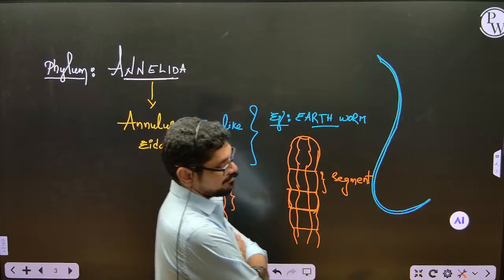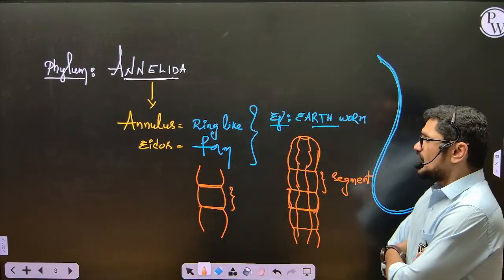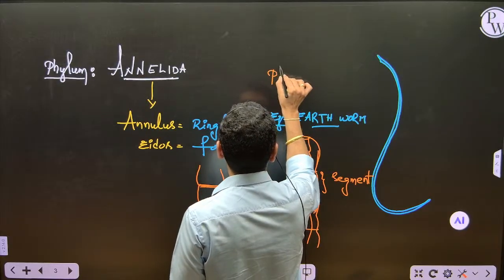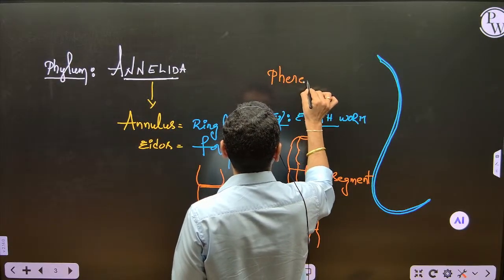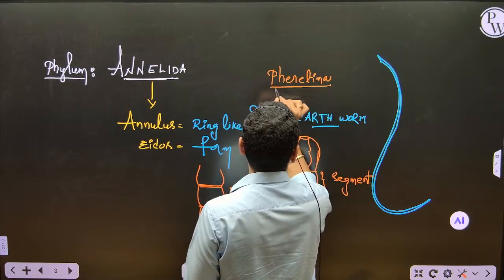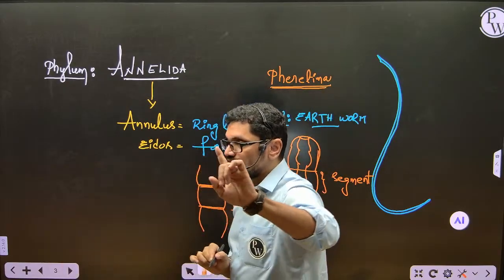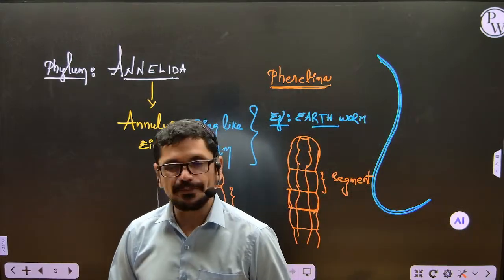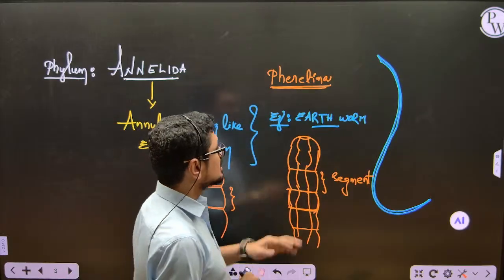Okay, this is the earthworm. And what is the scientific name of the earthworm? The scientific name of the earthworm is Pheretima. I am writing only the first half of the scientific name. I am not writing the second half; I will explain later.